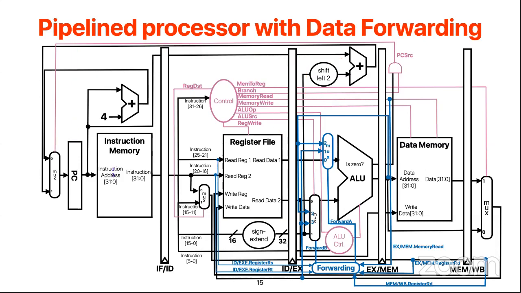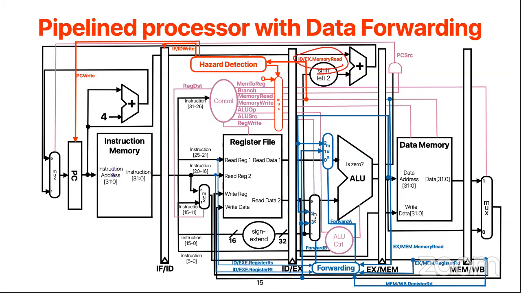It detects if this is a memory read instruction, then we would disable the update of your instruction fetch and decode pipeline register so that you will keep decoding the same instruction, and we also disable the PC write, so you are staying at the same instruction for instruction fetch.